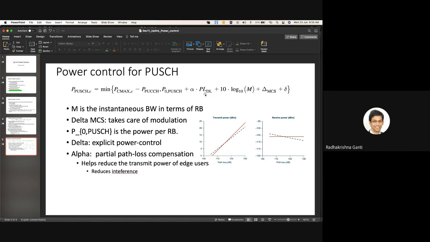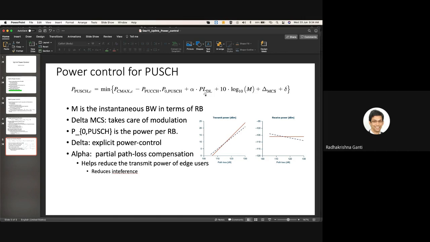You are trying to compensate the power to your attached base station by increasing the transmit power. When you're doing that, you're also causing interference to the neighboring base station. You can show this theoretically, using stochastic geometry and other tools, that if alpha is equal to 1, then the amount of interference in the system increases quite a bit and your overall system performance degrades.